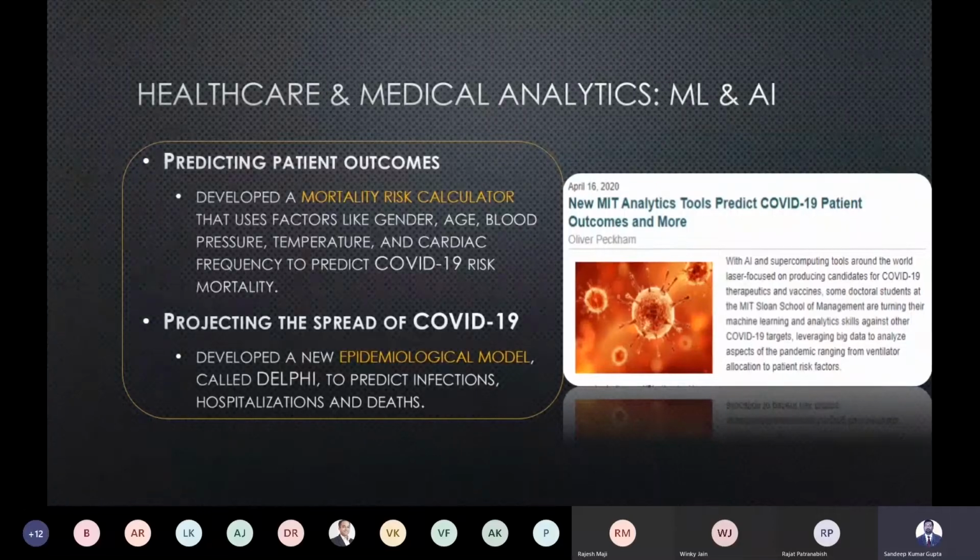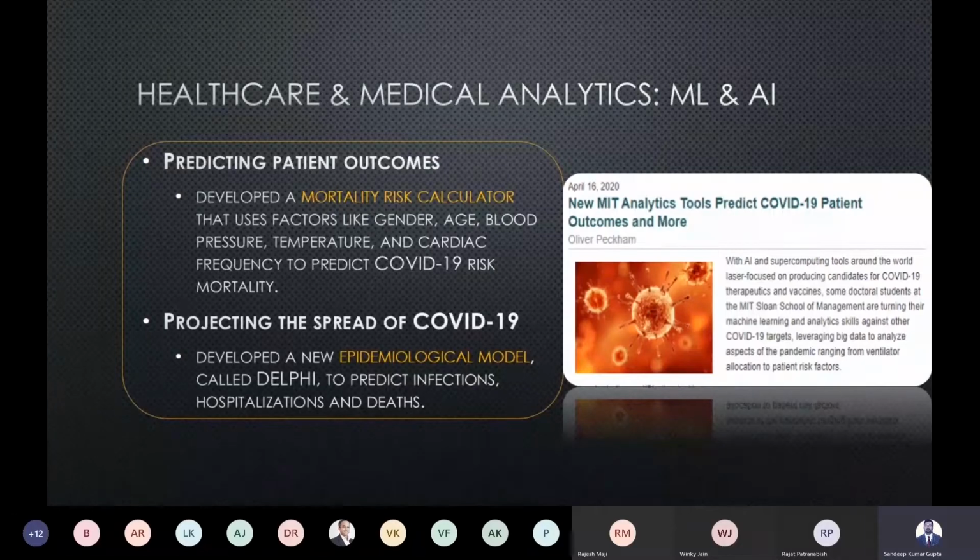According to their findings, machine learning and analytics can be used for predicting patient outcomes. They went through the literature and the models already available, and found that the existing models are not very sound or robust. The factors considered for prediction are only age and symptoms, so there's definitely scope for improvement.